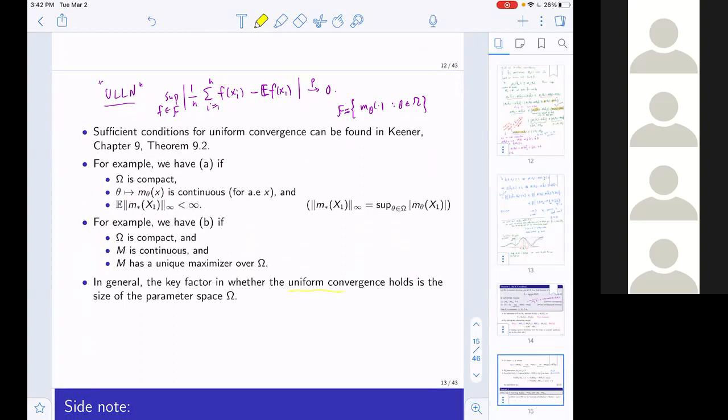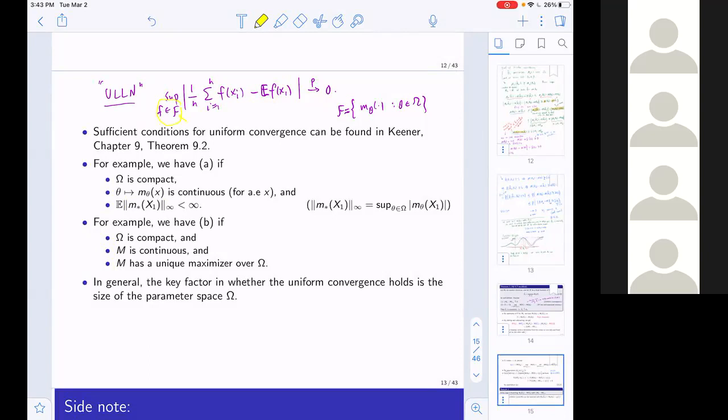The uniform convergence in general, the difficulty is how big a parameter space we have, or how big a function space we have. So these uniform laws of large numbers usually reduce to pointwise convergence plus some bound on the complexity of this function class.